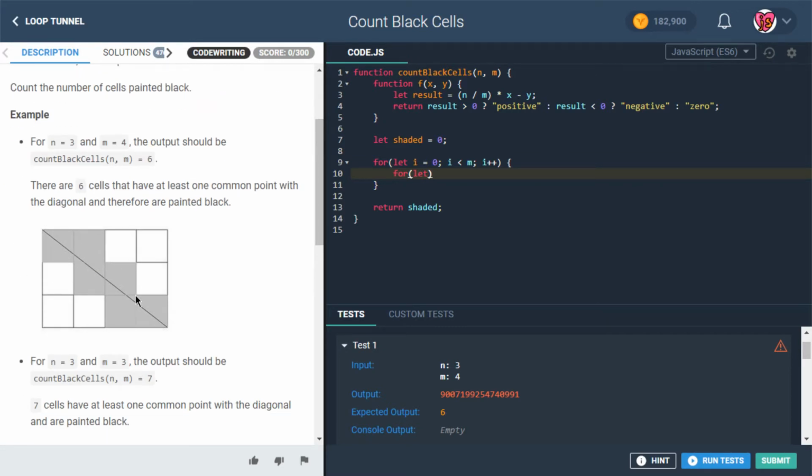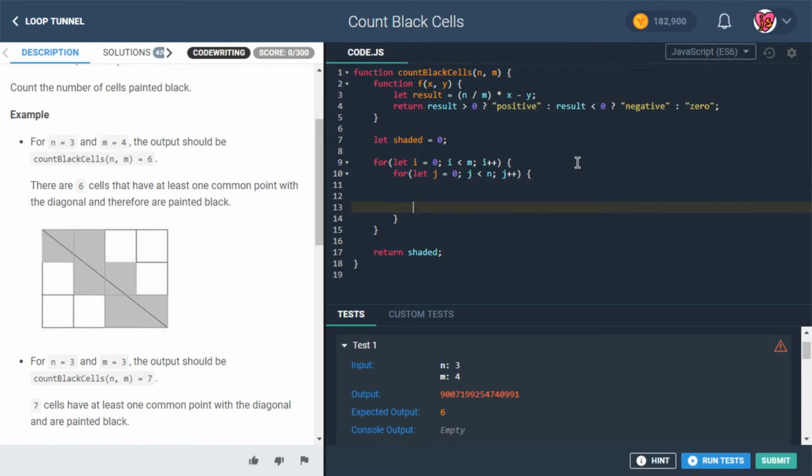This one would be 3, 2. And that would be the biggest one that we want. So we want it to be specifically less than m, and j is going to be specifically less than n. And we're going to do a plus plus on that. Now there's going to be some symmetry, but we're going to ignore that for now, and just brute force it, go through each one, and do our thing.